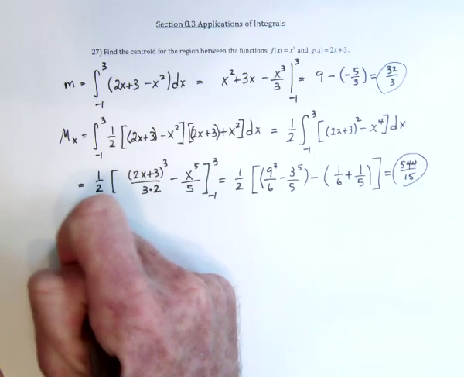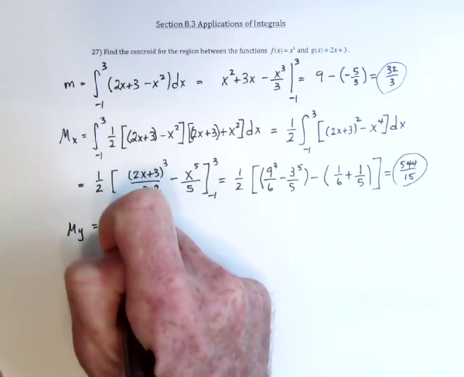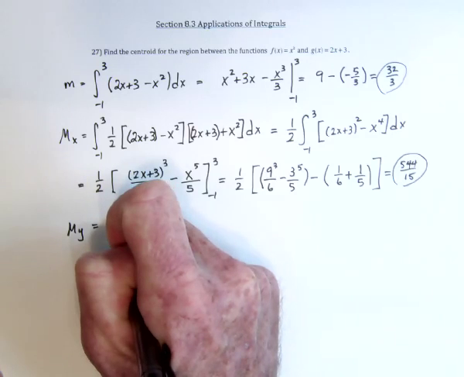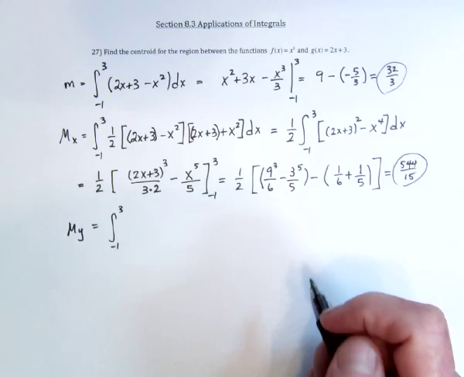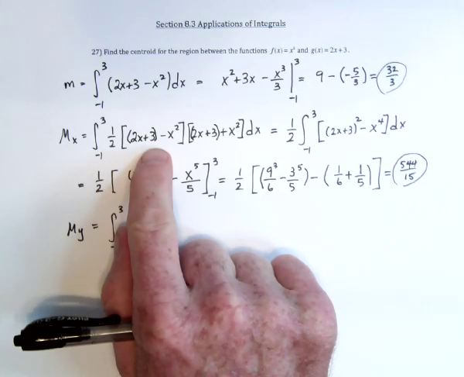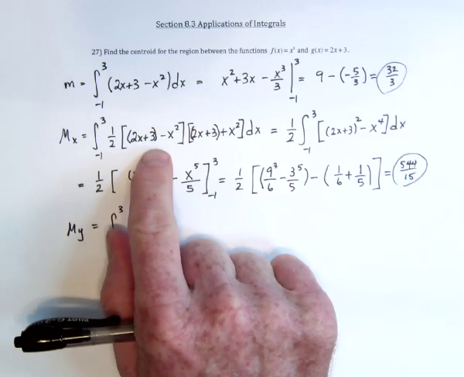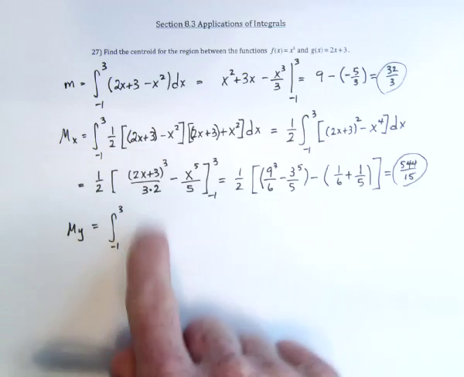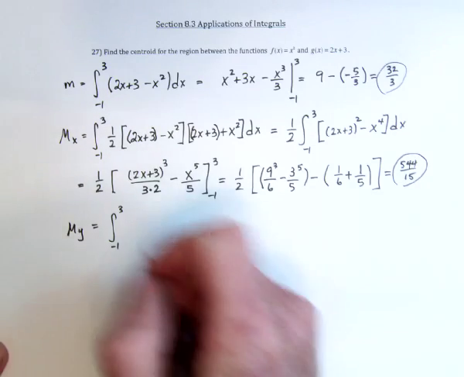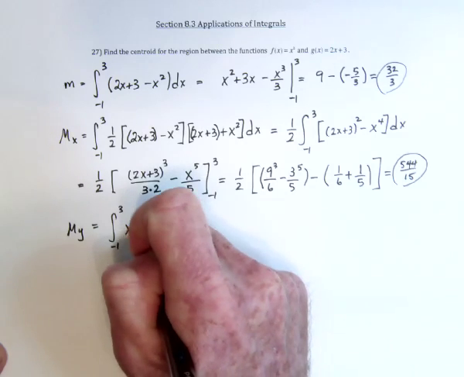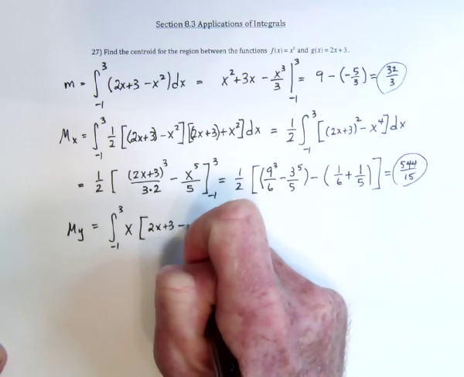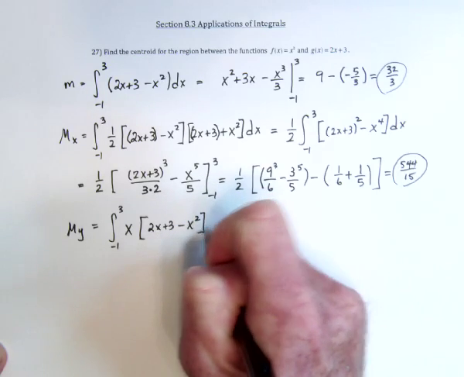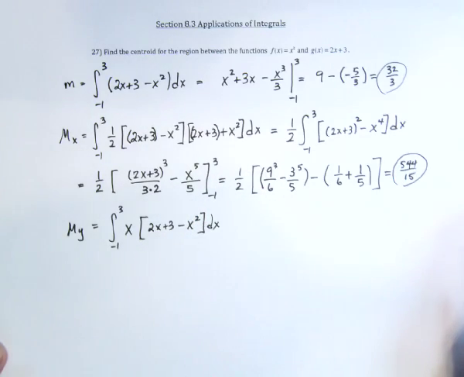So the moment about the y-axis is going to be integrate from negative 1 to 3, and then it's going to be this guy. Again, he shows up in the show all the time. There, and the next one. But this time it's just multiplied by x, and there is no 1/2, it's just an x.